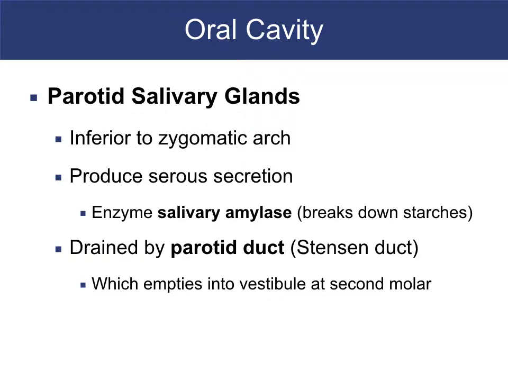The first one is the parotid salivary glands. The parotid salivary glands live right here, and if you've ever had the mumps, that's where the mumps got its name from. It's a virus that used to infect people's parotid glands. Now it's hardly ever seen anymore because it's in the MMR, mumps, measles, rubella, and people don't get it.